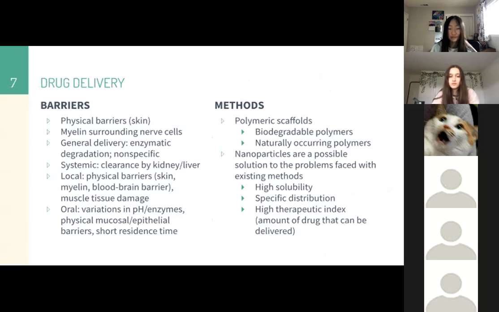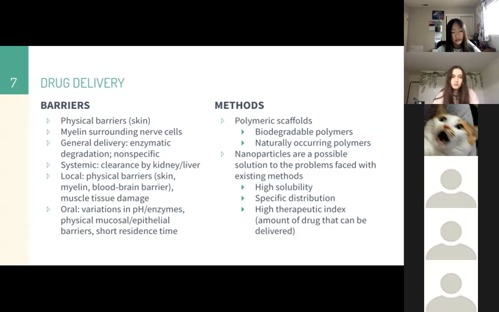And there are several barriers to drug delivery as well. They include physical barriers such as your skin and the myelin surrounding nerve cells, and general delivery barriers, which are the fact that enzymes will degrade when you orally ingest them. Enzymes are also somewhat non-specific. There are also systemic barriers, which means your body systems will not retain the drugs you want, but instead will secrete them.